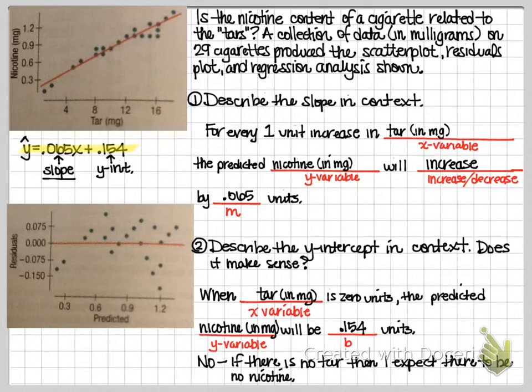Now, I do know for sure that if this said that there was 0 tar and negative nicotine, that doesn't make any sense. You can't have a negative amount of something inside of a cigarette in this case.